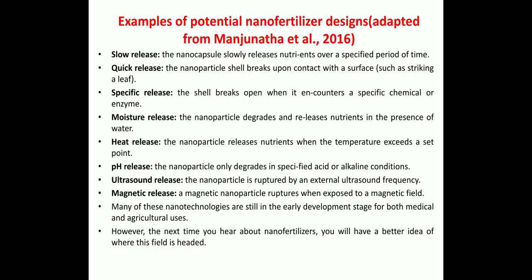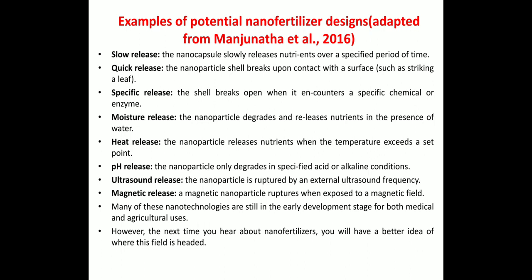Then examples of potential nanofertilizer design, especially from this source, are given by Manjunatha and his co-worker 2016. That is, first one, slow release. The nanofertilizer acts as a slow release, which will be encapsulated with the polymers, emulsions, or the hydrogels or zeolites, which will release the nutrients slowly in a specific period of time.